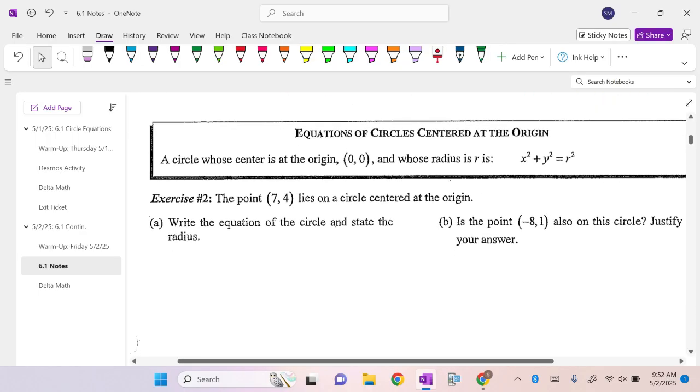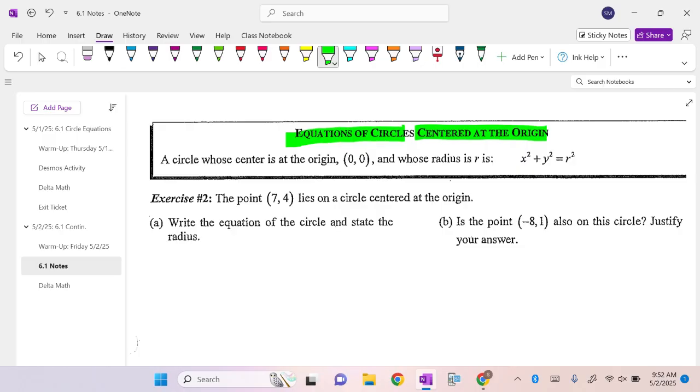All right, so if we're talking about equations of circles that are centered at the origin, again, that means the center is the point (0, 0), and the radius is r. This would be our circle equation.